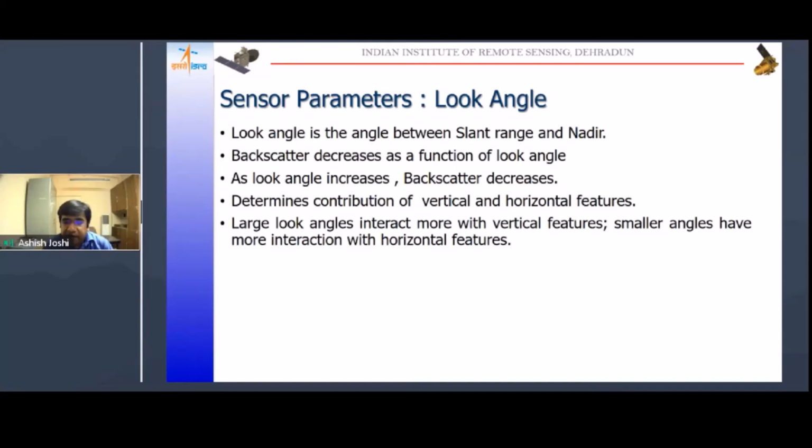If we are doing soil moisture, meaning only the soil, then a lower incidence angle is more beneficial in the SAR image. So depending on the look angle, we can have different applications. Okay, so this is one of the SAR parameters.